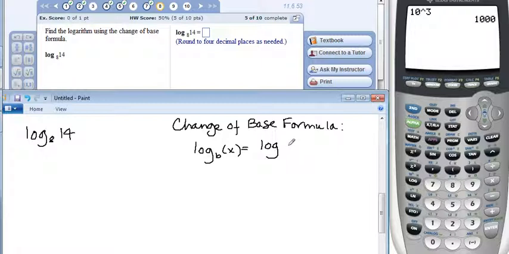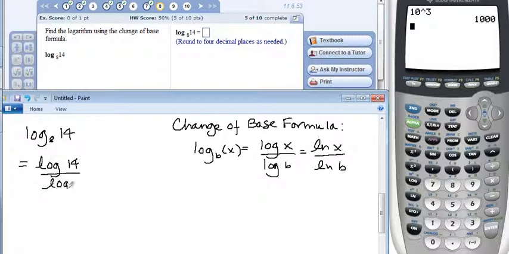The log of x over the log of b, or ln x over ln b. So here's my b, here's my x, so this is either equal to the common log of 14 over the common log of 8, or the natural log of 14 over the natural log of 8. Either one.